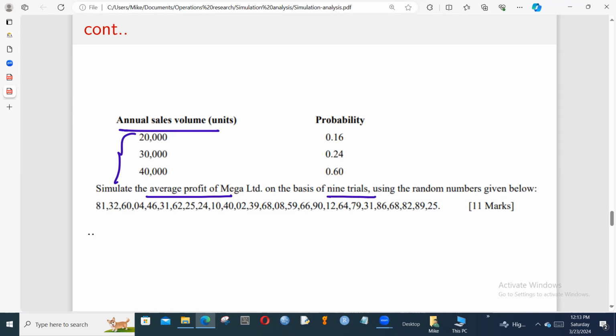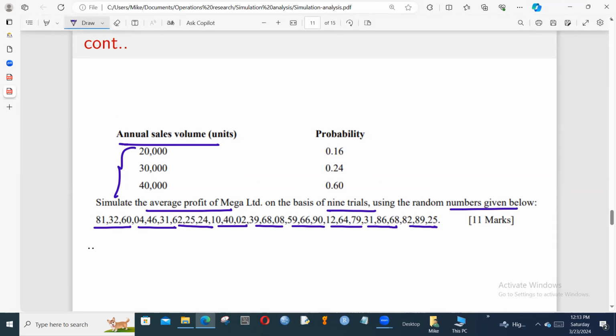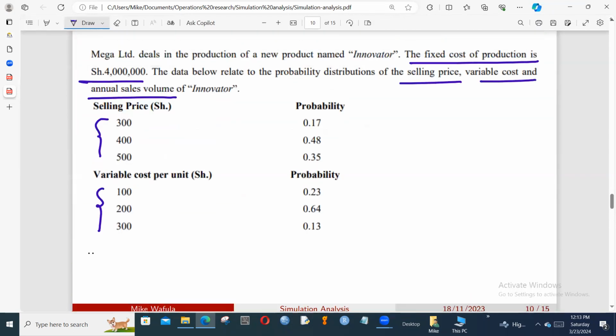Now here we are talking of 3 variables. So you talk of 9 pairs and each pair should have 3 of these values, because you're using 9 trials, using random numbers given below. Just like we have been doing, the first variable is selling price.